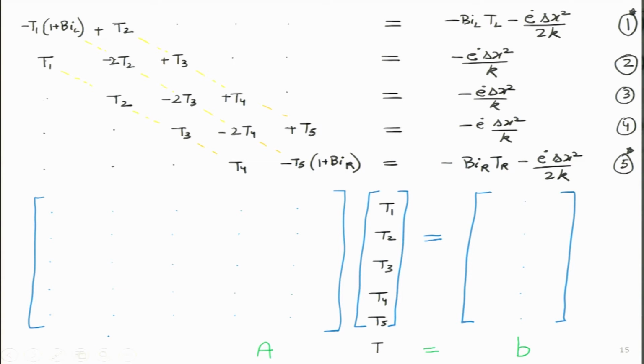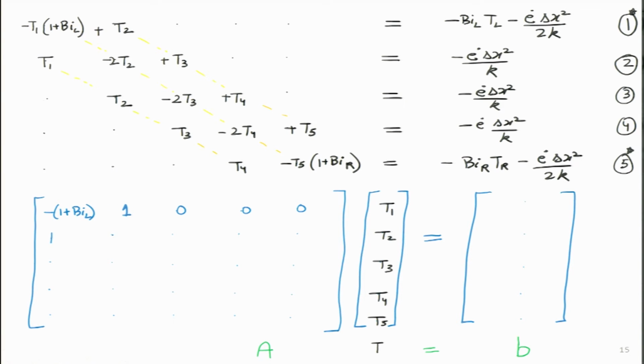So, the first equation that I will write is minus 1 plus B I left over here, and then what I will get is term 1 over here, and rest of the matrix is 0. So, this is the first term, this is the second term.